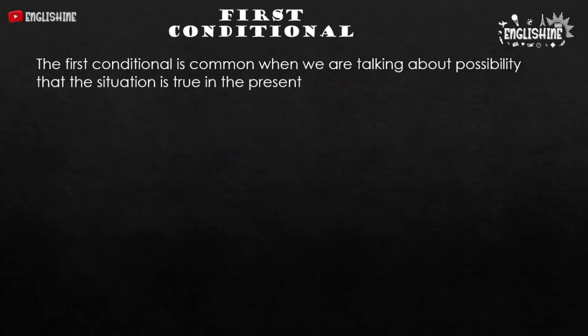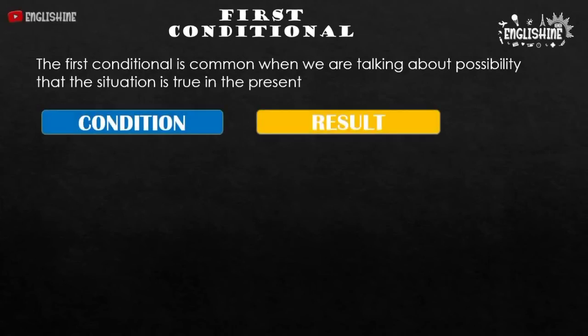The first conditional is common when we're talking about the possibility that the situation is true in the present. Here are the examples. Remember, always have a condition and result. I put the condition at the beginning of this sentence this time.